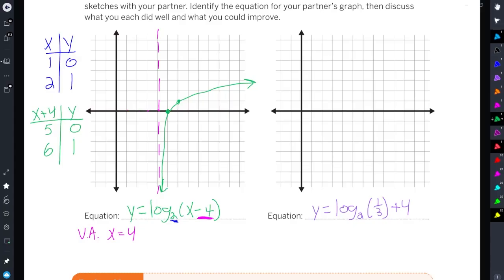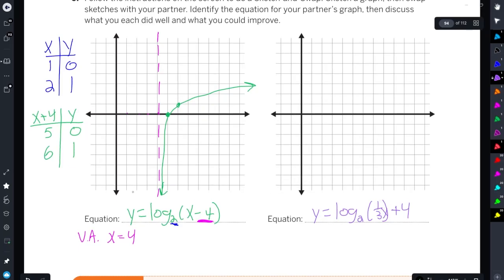So the table work that we did for exponentials is coming back. We're starting very basic right now, where we only had one transformation in this problem. We just had to shift 4 units for the x's, and that was it. Now for the second one, we have two transformations.